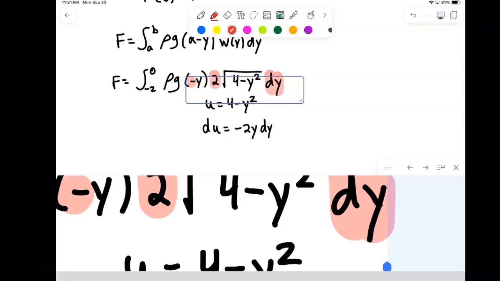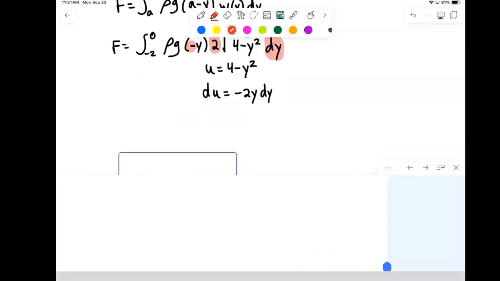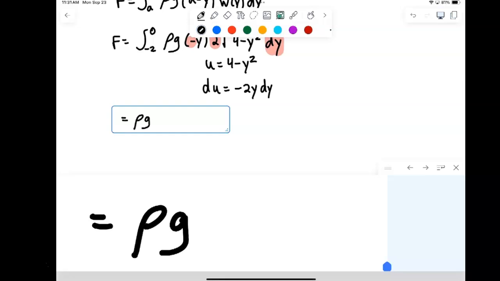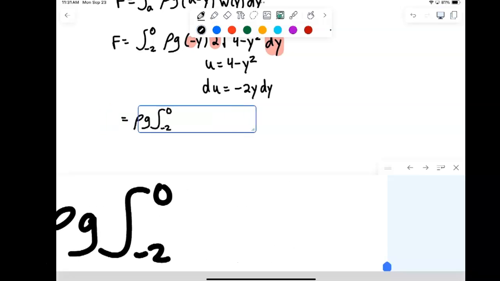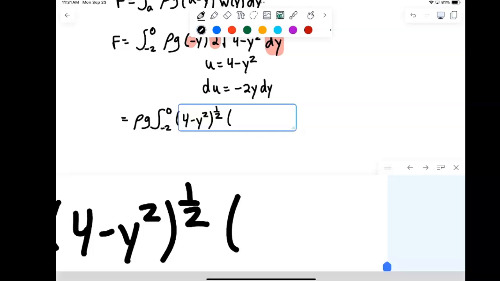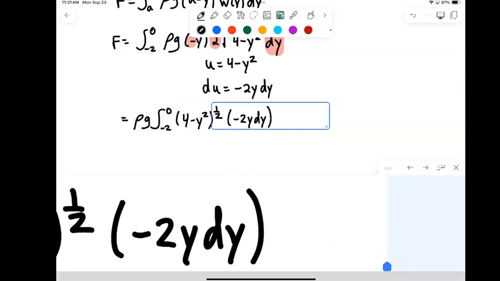So then we can compute this now as rho g times the integral from -2 to 0 of (4 minus y squared) to the 1/2, and we have the -2y dy that we need to carry the integration through.